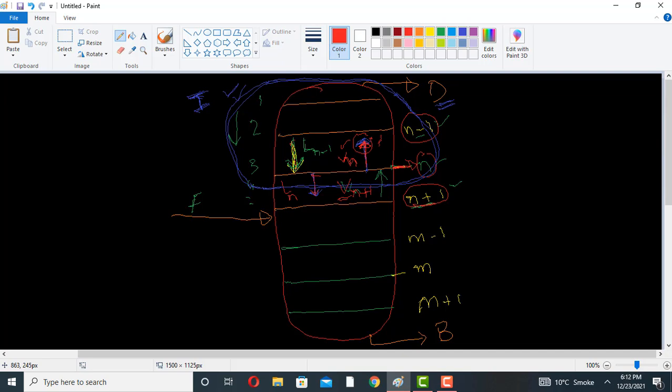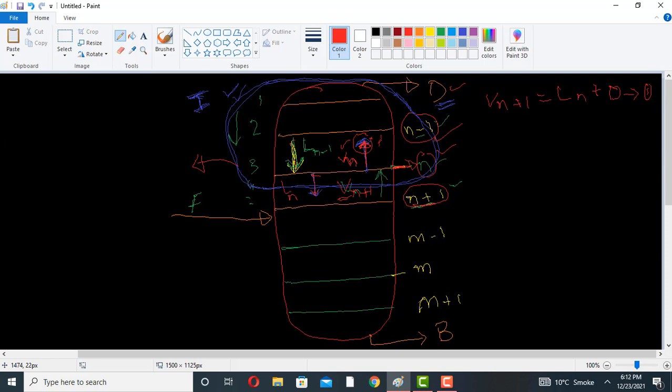Two streams, D and Ln, are leaving this area, and one stream, Vn plus 1, is entering this surface. So the material balance is Vn plus 1 equals Ln plus D. This is an important equation. Suppose this is equation number 1.